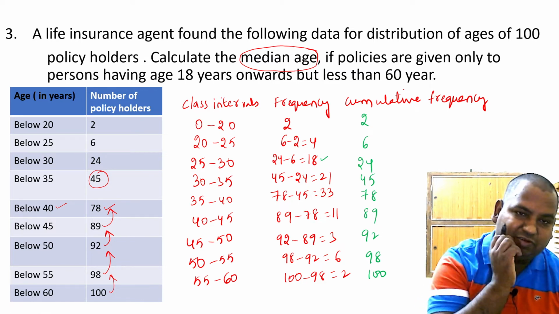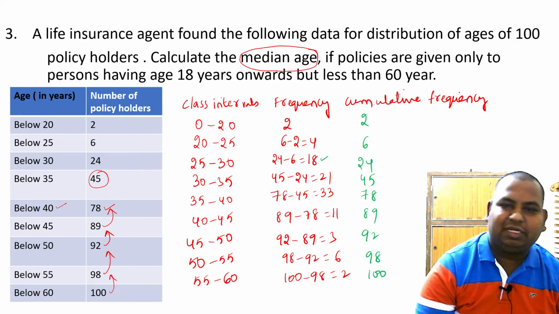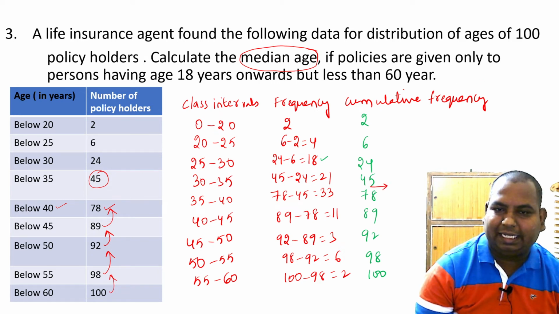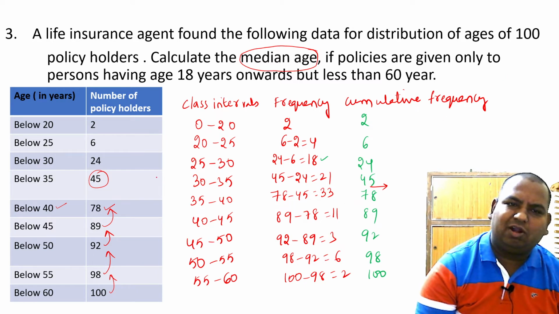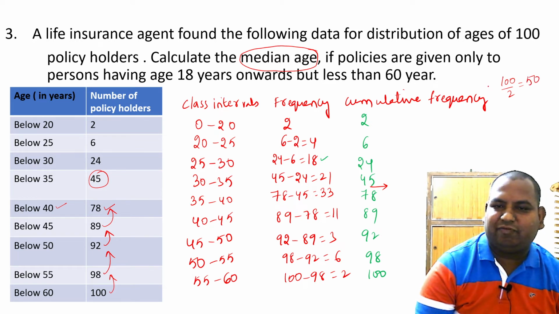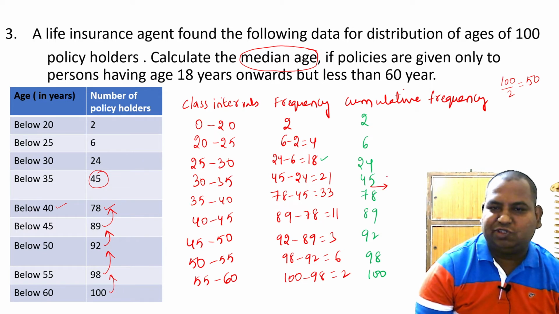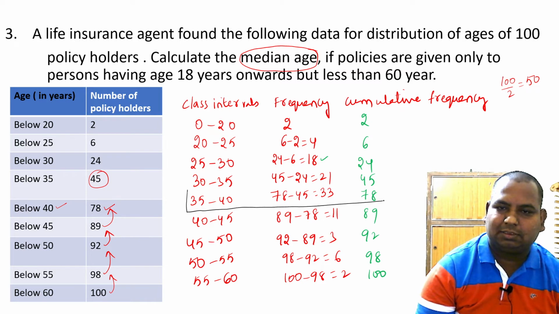So the sum of all frequencies is 100. 100 by 2 is 50, and 50 lies between 45 and 78. We should consider the bigger number. So the bigger number is 78. The class interval containing 78 is the median class.